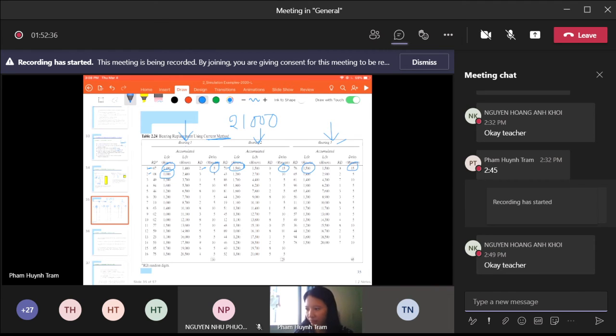The simulation clock. So we call the repairman and we get another delay. Now similarly, the second bearing lasts for 1,200 hours. Then it fails and we call for the repairman.